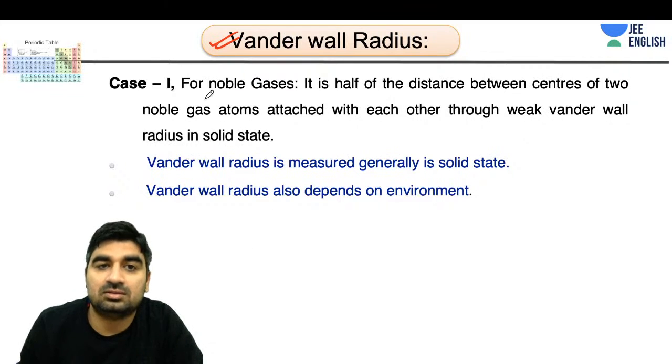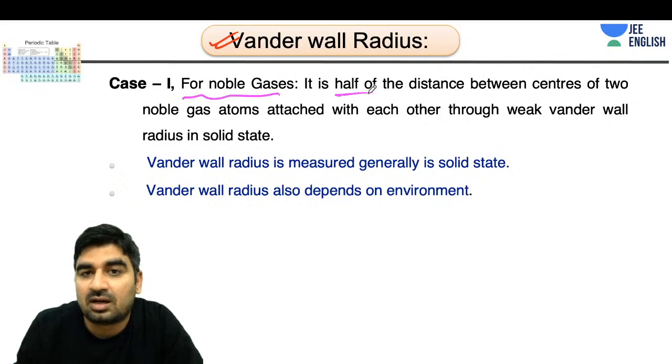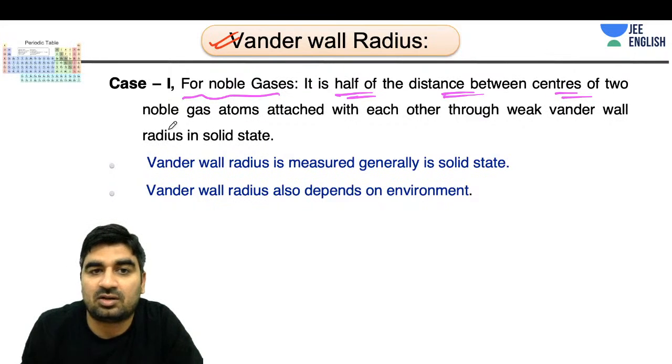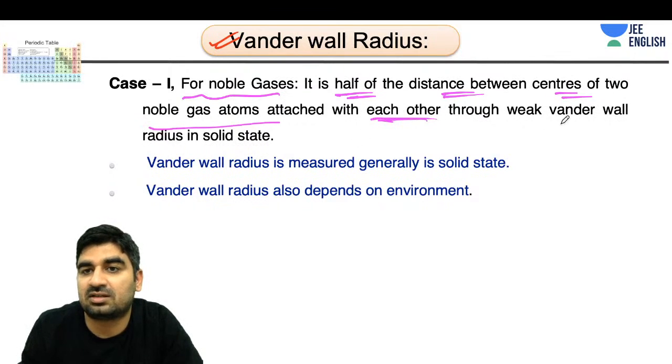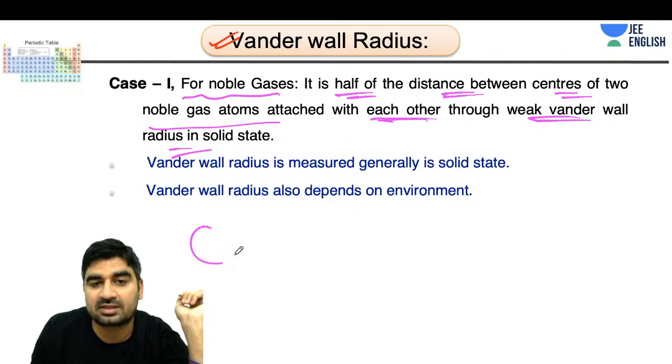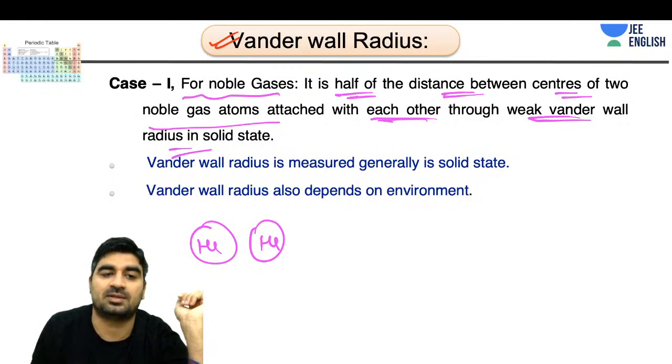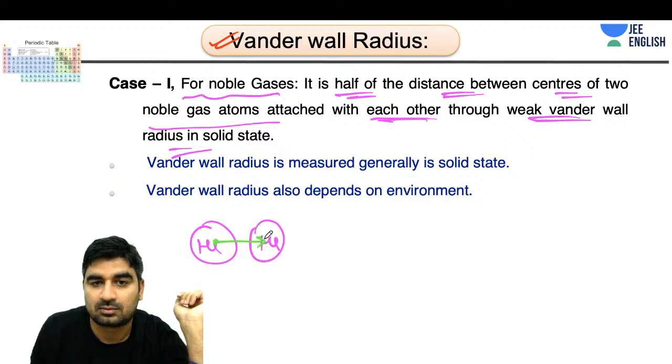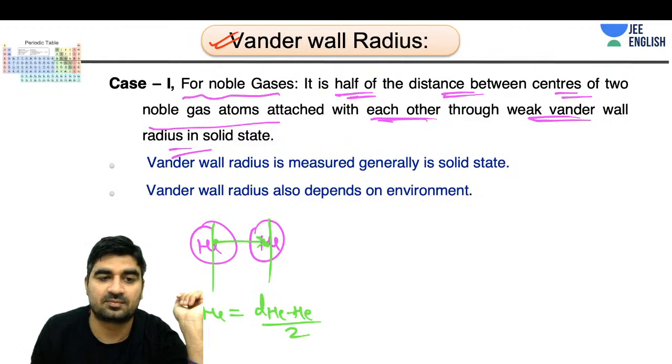Okay, guys. For noble gases, it is half of the distance between the centers of two noble gas atoms attached to each other through weak van der Waals forces. Suppose we have helium. Obviously they will be at some distance, so the radius of helium will be this.